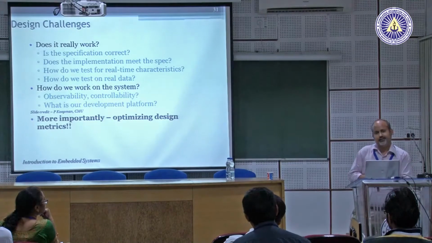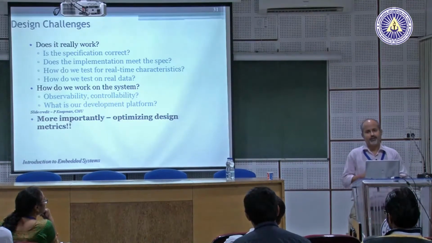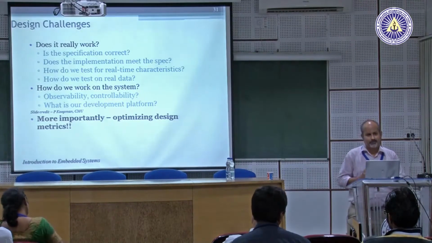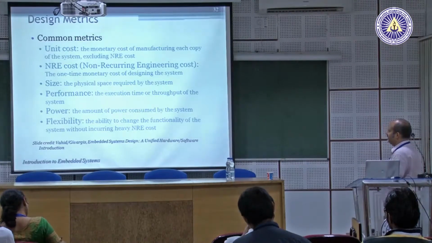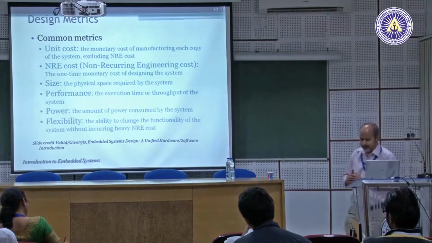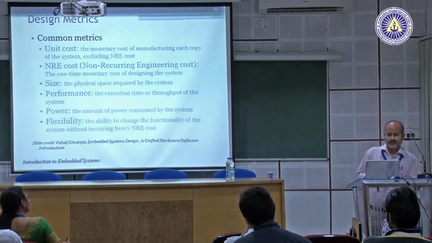Then the other thing is optimizing the design metrics. What are the design metrics that you are optimizing for? Common metrics that people optimize for: a big one is cost, as we discussed before.